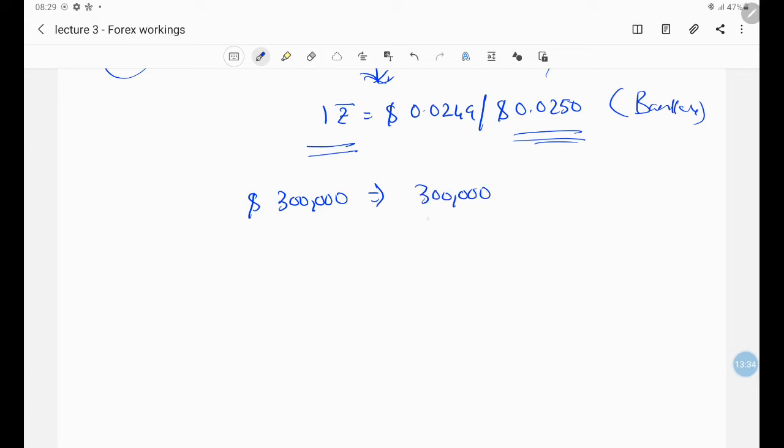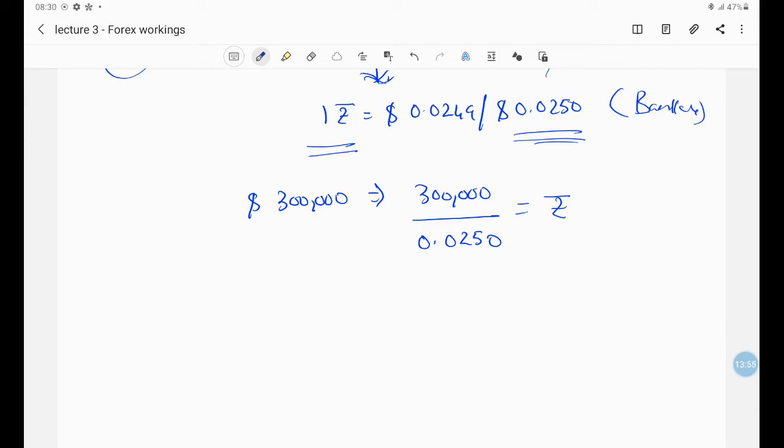3 lakh divided by 0.0250, right? So how much will we be receiving? 3 lakh divided by 0.0250.